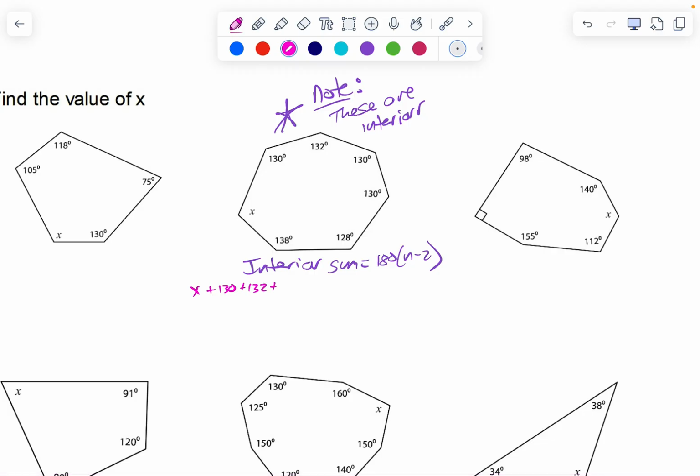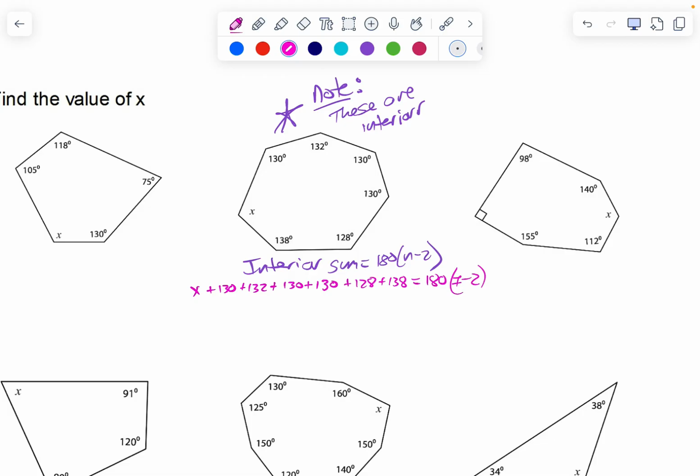So x plus 130 plus 132 plus 130 plus 130. And you could do a multiplication of these 130s if you want to, but this is also fine. What is n in this case? 7. And now we're back to algebra.